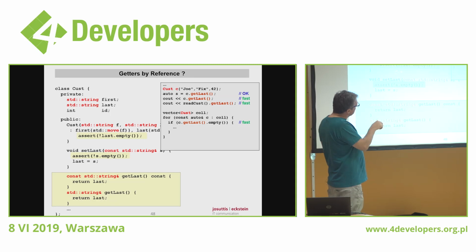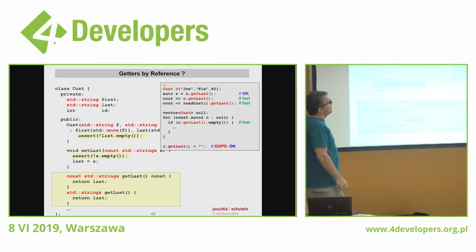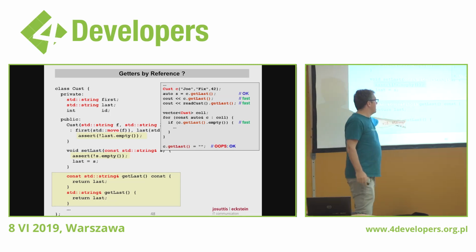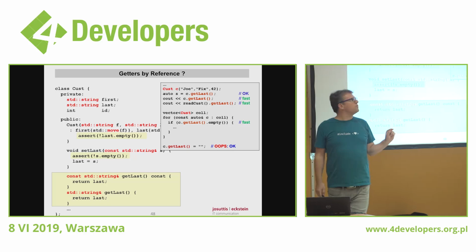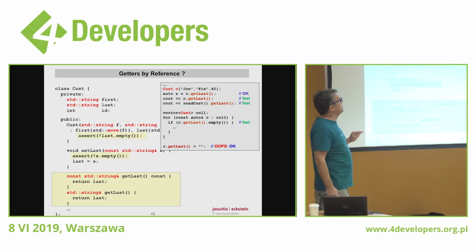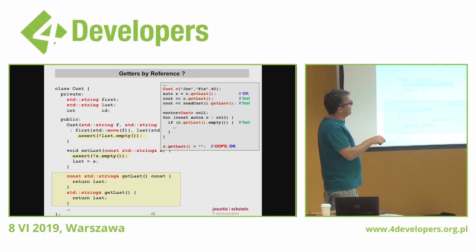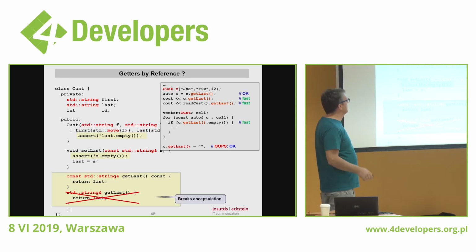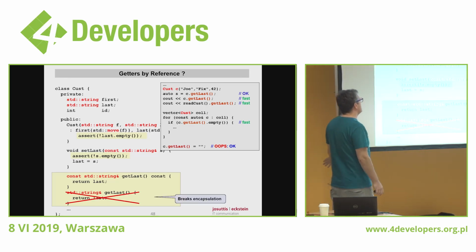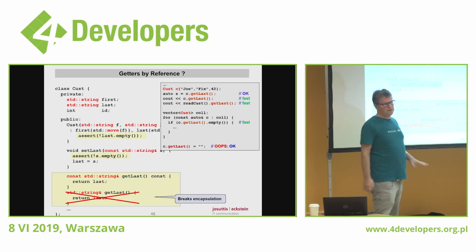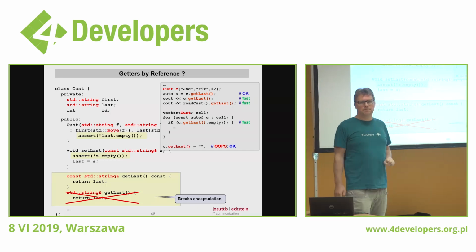So in the constructor, we can make sure the last name is not empty, and when we have a setter, we can make sure the last name is not empty. So if we now have getLast returning a non-const reference, we have broken this encapsulation, and somebody can say getLast equals an empty string. So this breaks encapsulation, and this is just one reason this is not good, usually.